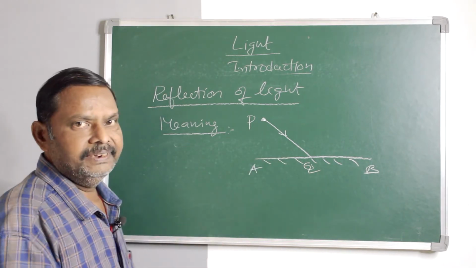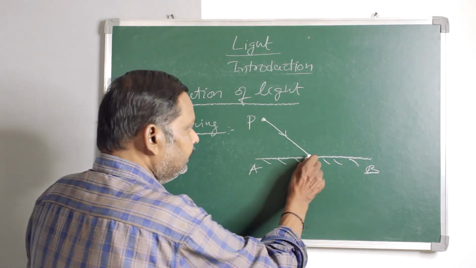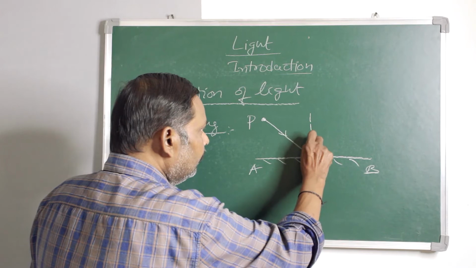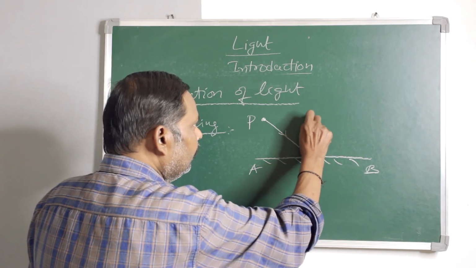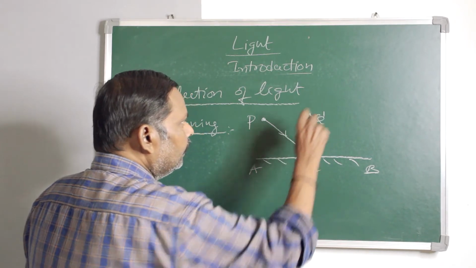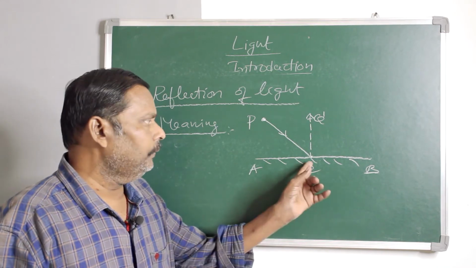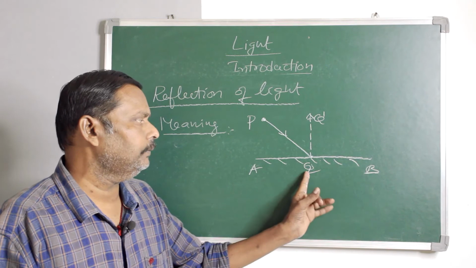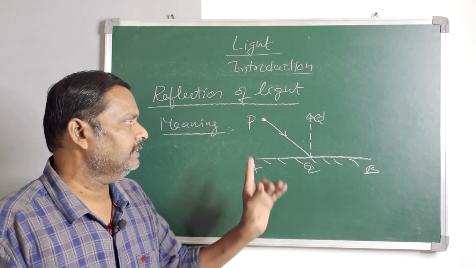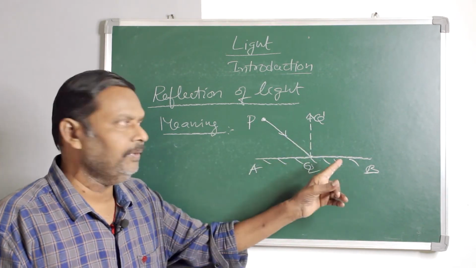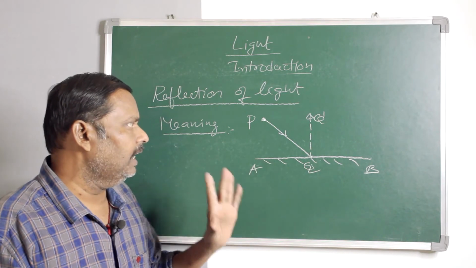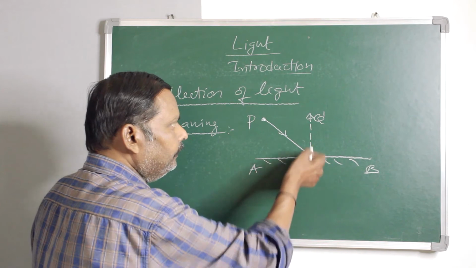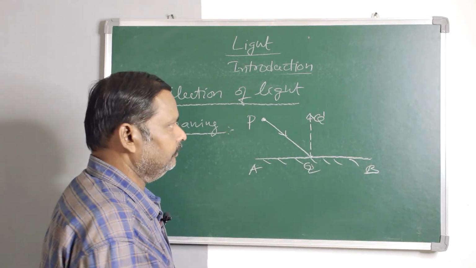Now PQ is the incident ray, and here QQ dash is normal to the surface AB at Q. So QQ dash is normal to the surface AB at Q, and angle AQQ dash or BQQ dash is 90 degrees.